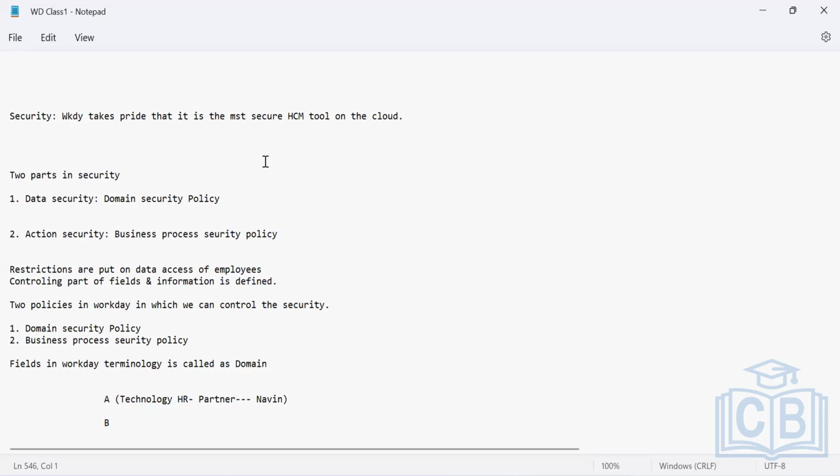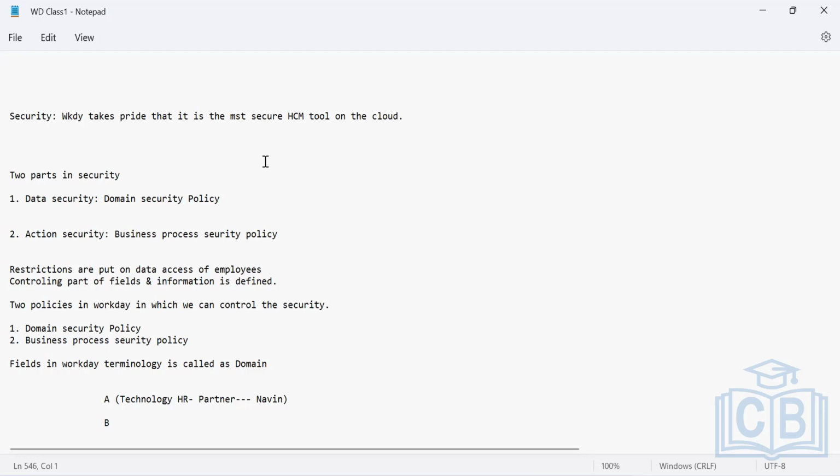So for any user, understand why exactly they are going to use Workday. It is there for HR needs. Now, what is their HR need? All the information related to them. But they will not be able to change anything because they don't have that access to change these details. Okay.